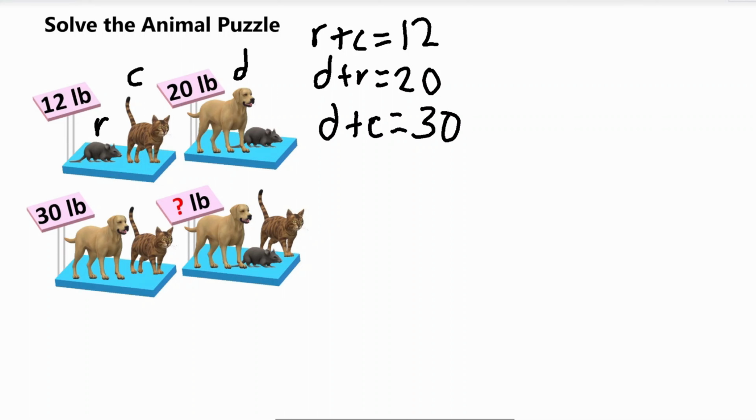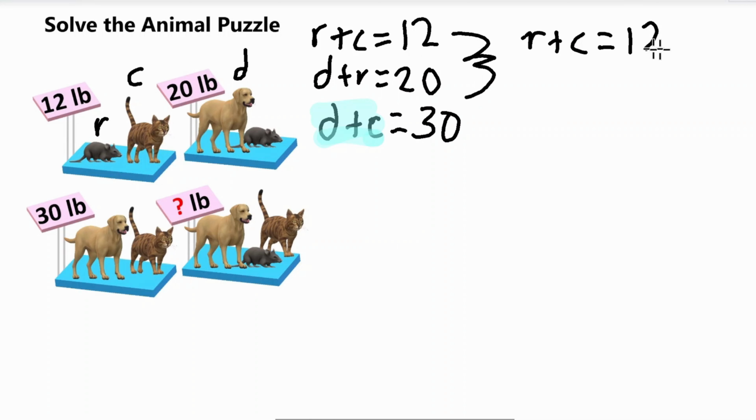There are many ways you can do this, but what I'm going to do is try to manipulate these two equations so I can get them in terms of D plus C. Because once we get them in terms of D plus C, we can substitute into this equation and solve for a variable. Okay, so in order to do that, I'm going to add these two expressions together.